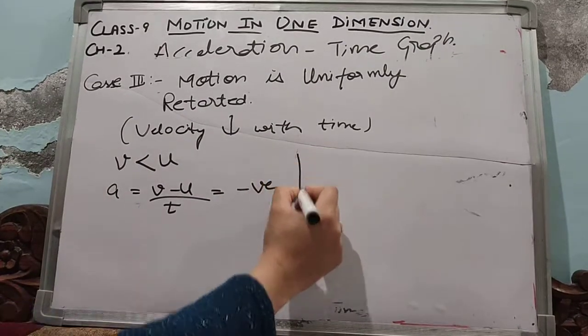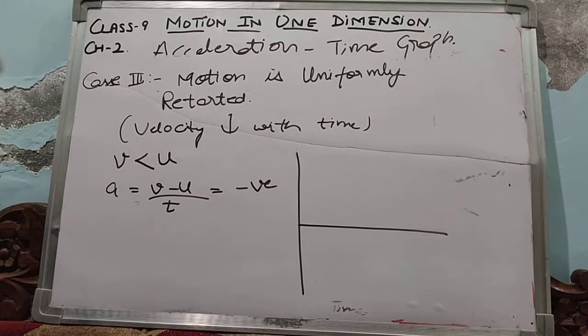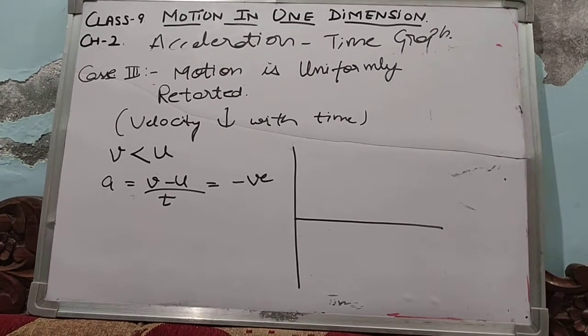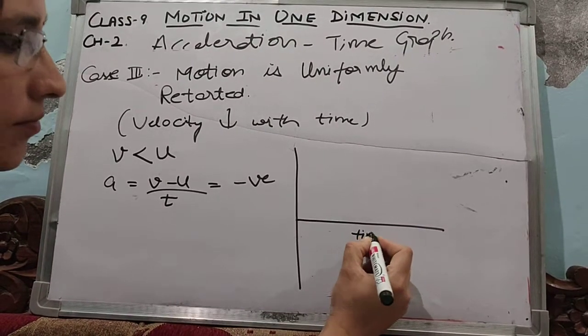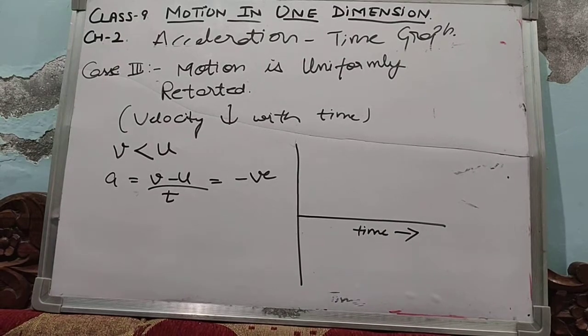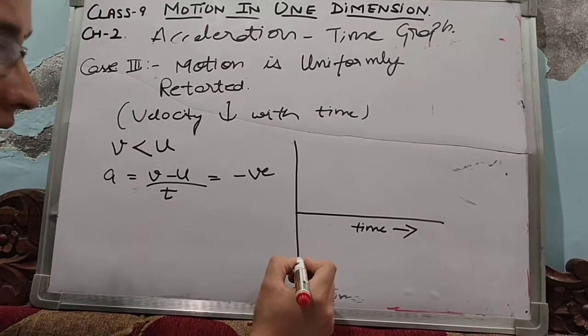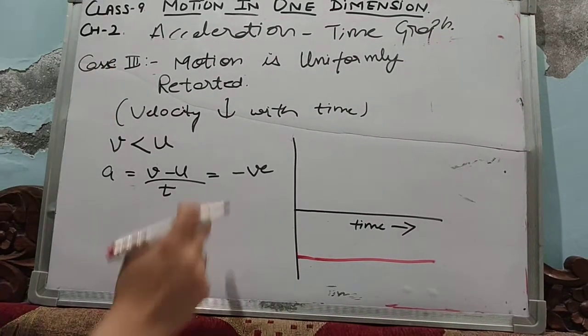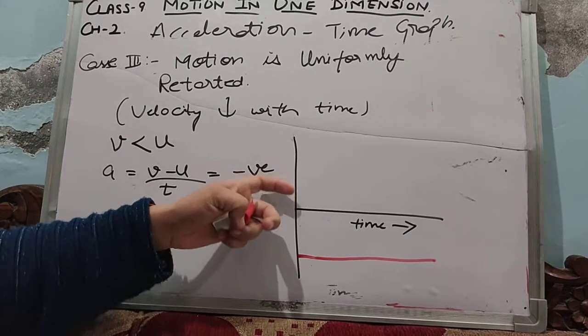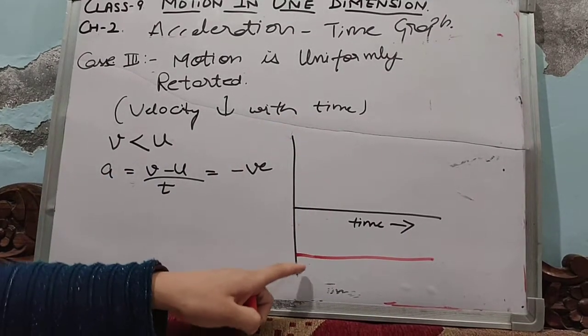So the graph obtained for uniformly retarded motion will again be a straight line, but as we all know acceleration is negative, so it will be below your origin.